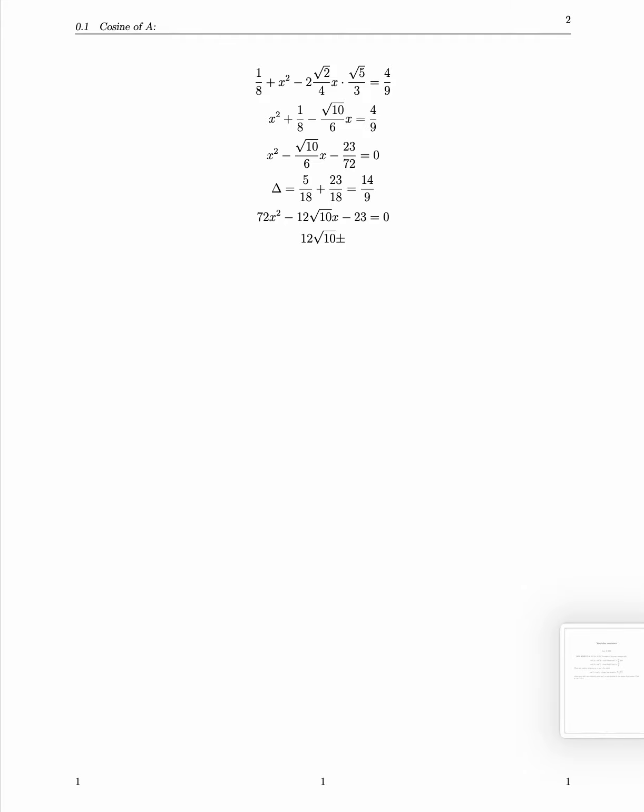And then plus or minus the square root of 12 squared times 10, and then plus 4 times 72 times 23.